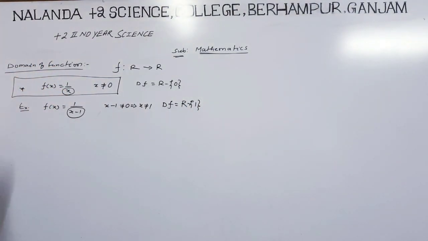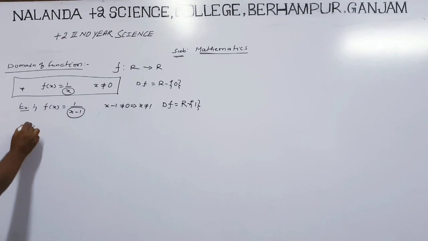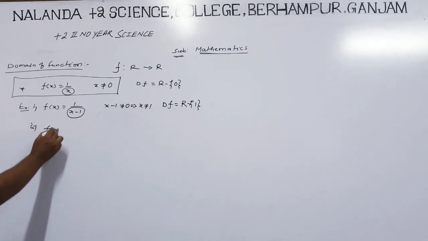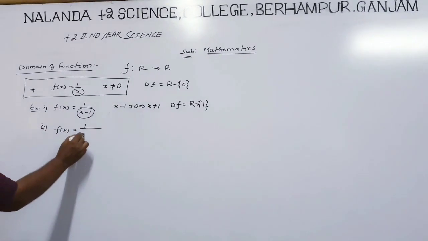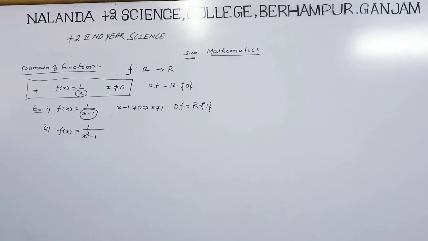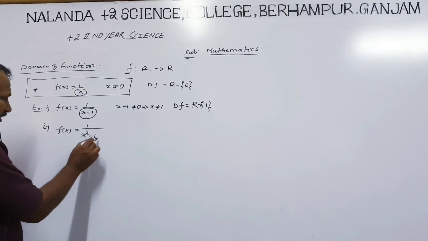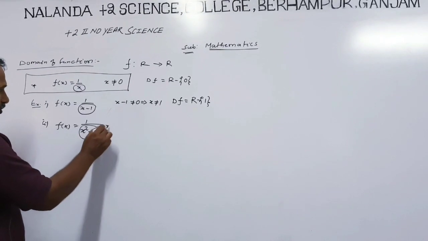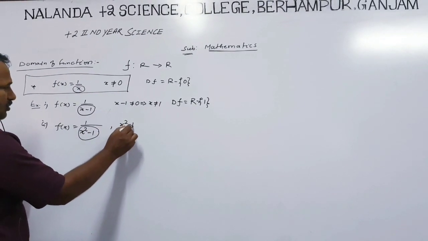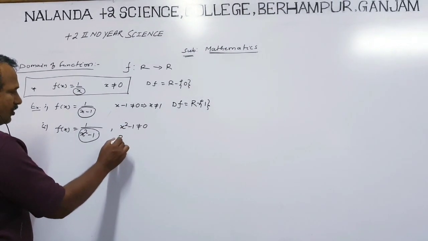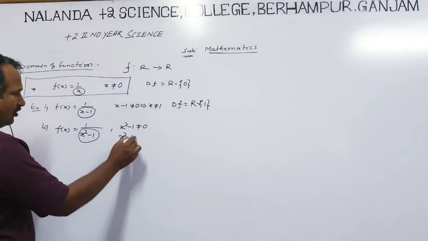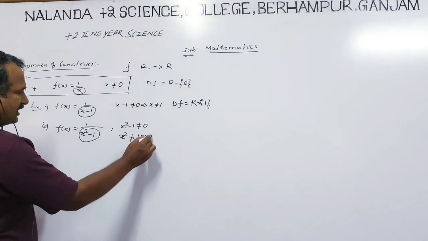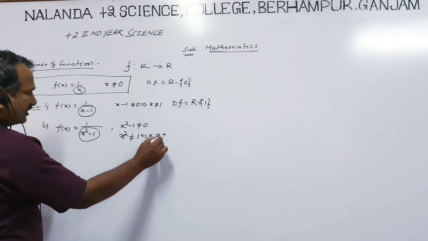Let us take another example: f of x equals 1 by x square minus 1. What is the logic? The denominator is not equal to 0. Here x square minus 1 is not equal to 0, so x square is not equal to 1, so x is not equal to plus or minus 1.